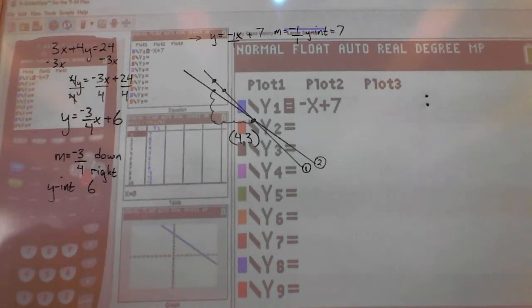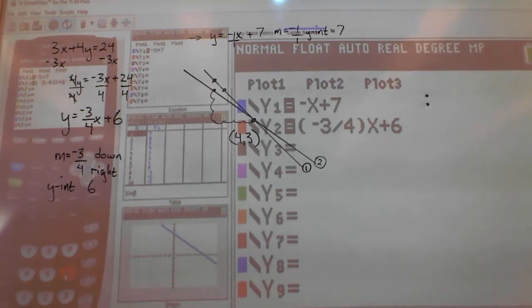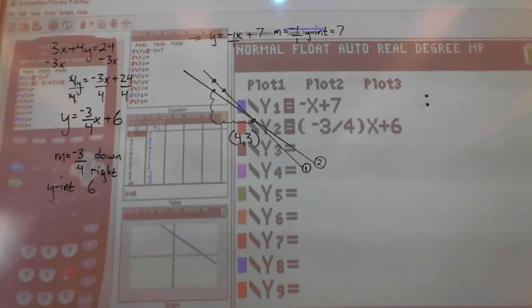So, bracket negative 3 over 4, close the bracket, press your variable key, x, and then plus 6. Okay, so negative 3/4 x plus 6. Now we have our equations entered, and remember, we press the graph button in the upper right-hand corner and watch the magic.